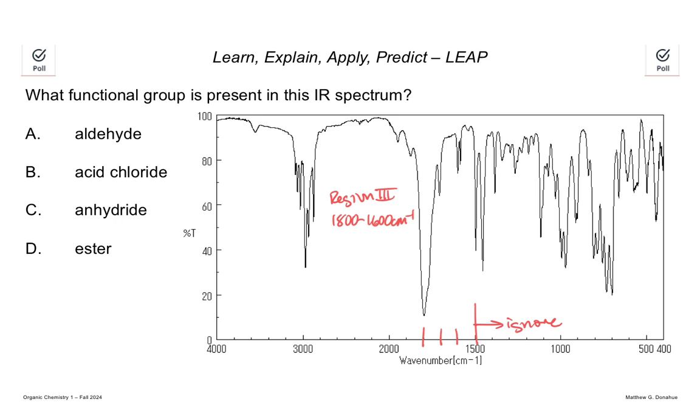This carbonyl here, if you draw a line down, that one is essentially right at 1800. So when it's exactly at 1800, that's diagnostic for an acid chloride.